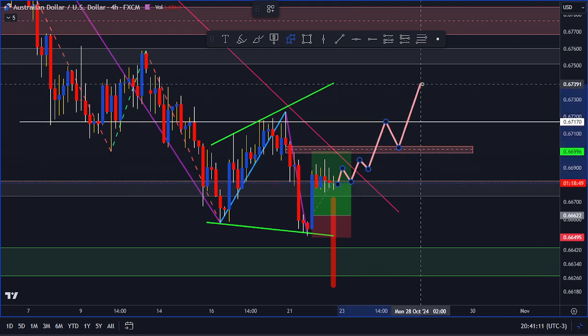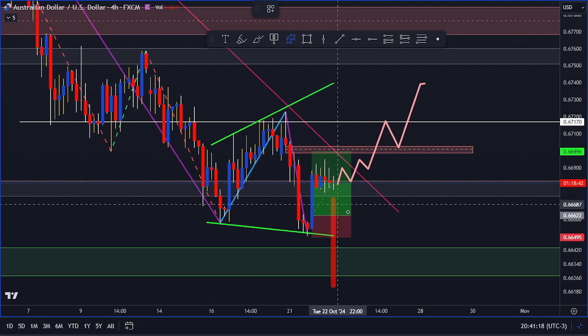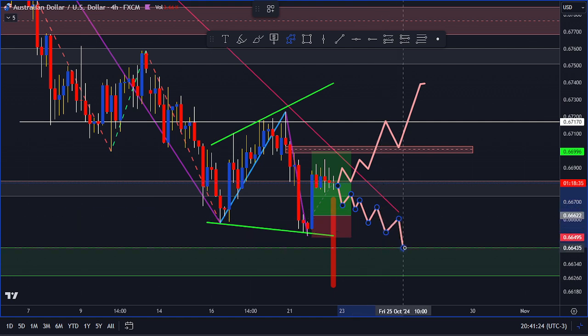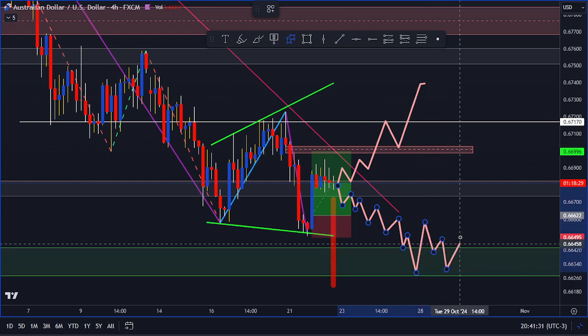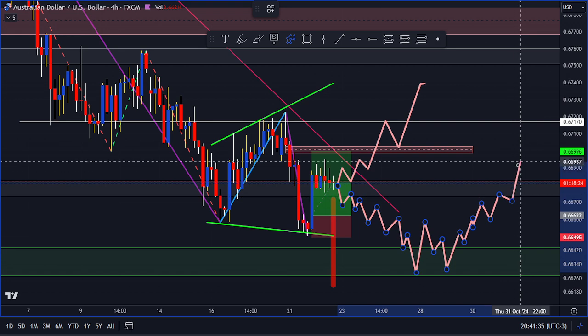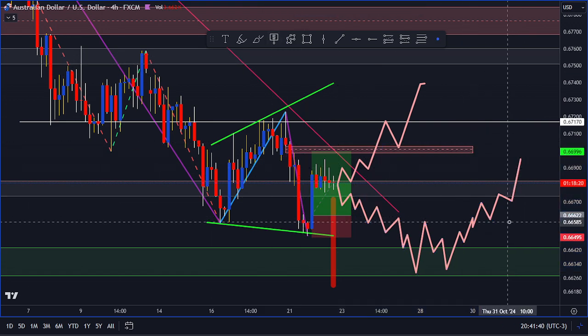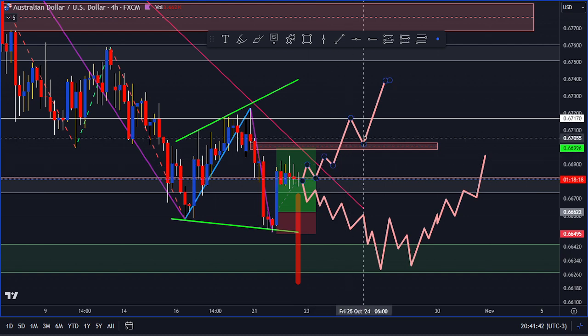But then we can also be disappointed if the market for any reason decides to fall all the way down, even go a little bit deeper before pushing to the upside. So we can see scenarios like this.